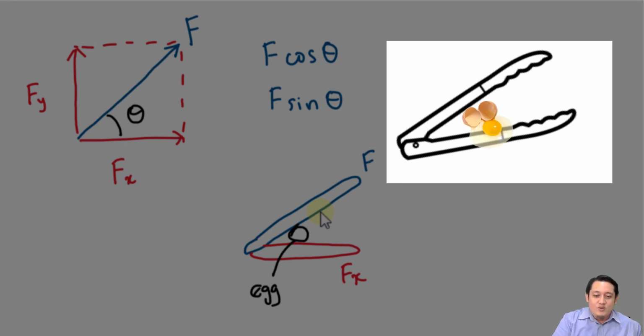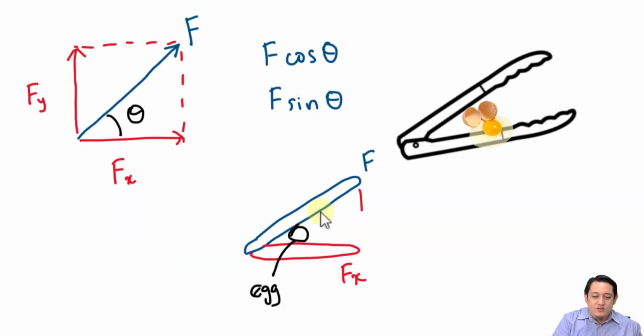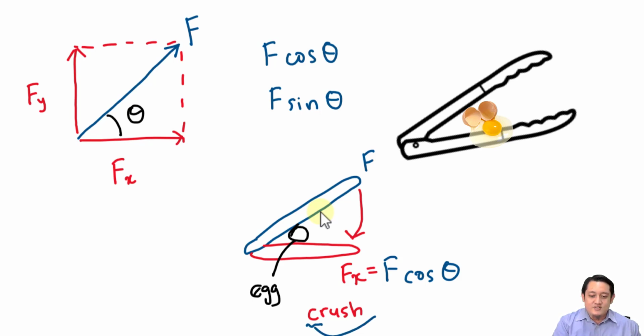So when we want to calculate Fx, Fx is equal to F times crush, and crush is cosine theta. So we use cosine theta.